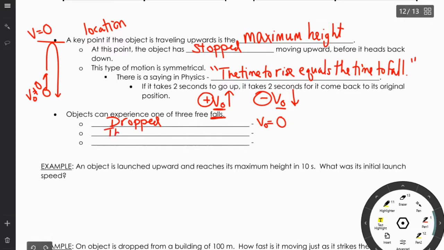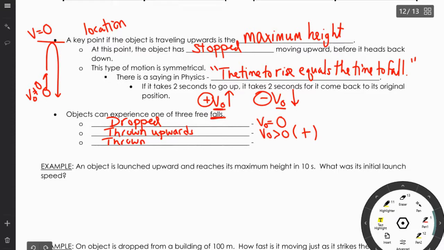It can be thrown upwards, which means my initial velocity is greater than 0, a positive value, with the positive direction pointed up. And then you can throw it down.